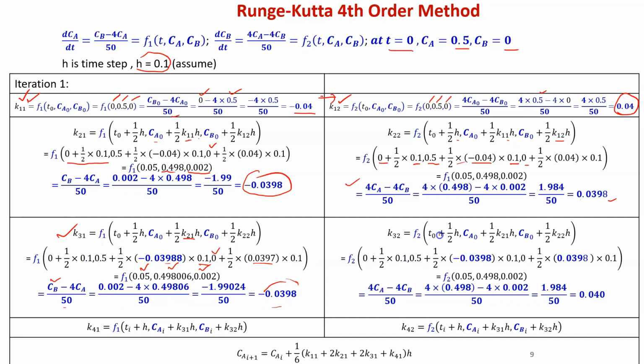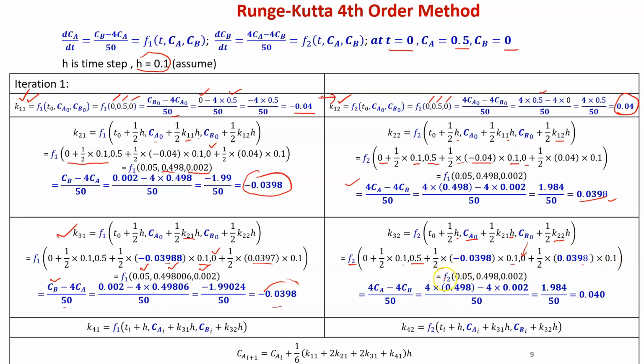And K32 is F2 of T0 plus half of H, CA0 plus half of K21 into H, CB0 plus half of K22 into H. So here T0 is 0, half into H is 0.1, CA0 is 0.5, half K21 is minus 0.0398 into 0.1, this is H, then CB0 is 0, and half K22 is 0.0398 into 0.1.